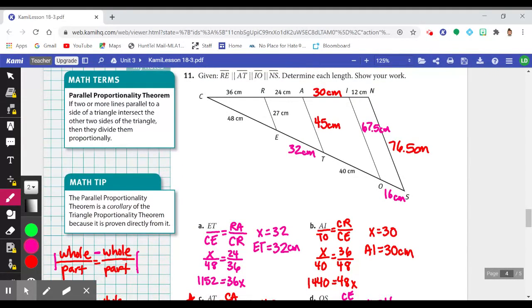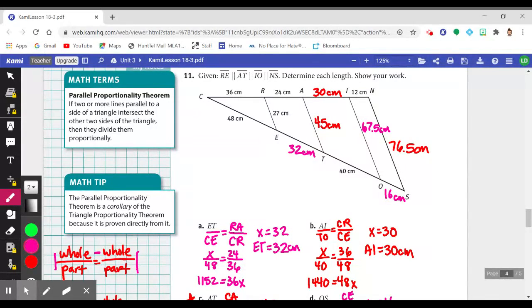So now I actually have the length of every single segment on these two sides of triangle CNS. So I now need to find IO and NS. And IO is the tricky one here again, because IO is not a part or a portion of a triangle.